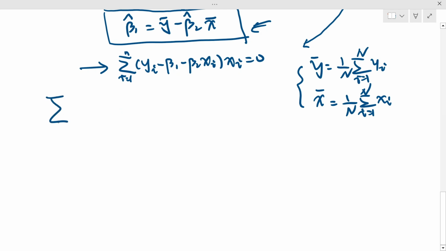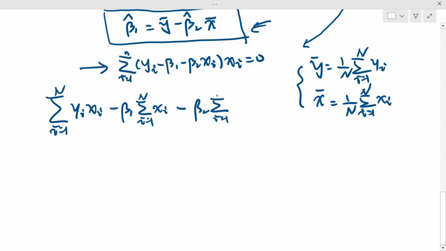We have the sum of yi xi minus beta 1 sum of xi minus beta 2 sum of xi squared.